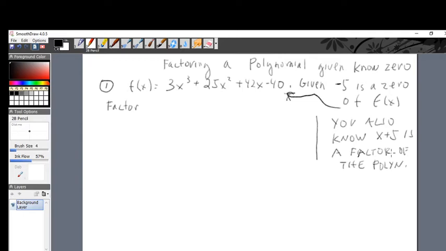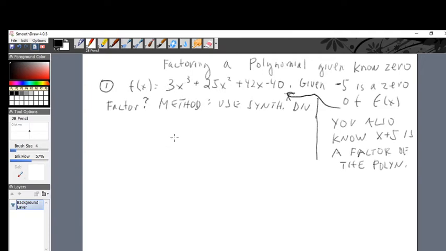Okay, now we're supposed to factor. Here's the question, factor, and here's the method. We're going to use synthetic division again. How do you do that? Well, it's going to be pretty obvious.